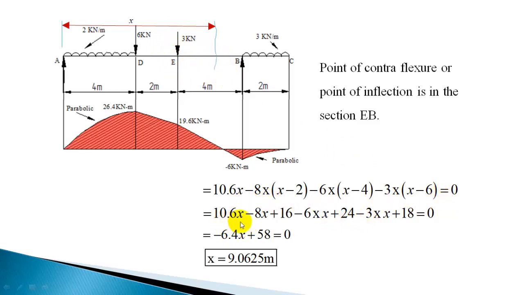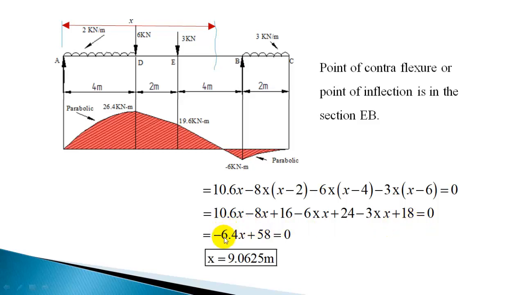So 10.6x minus 8x plus 8 into 2 is 16, minus of minus 6x plus 24, minus 3x plus 3 into 6 is plus 18.